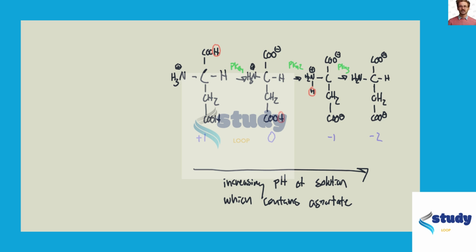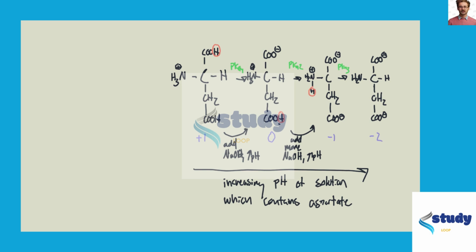Now, as you add some sodium hydroxide, let's say we add NaOH, increase the pH, the proton on this carboxyl would come off, right? And if we add a little more sodium hydroxide and increase the pH even more, eventually this proton will come off, right?